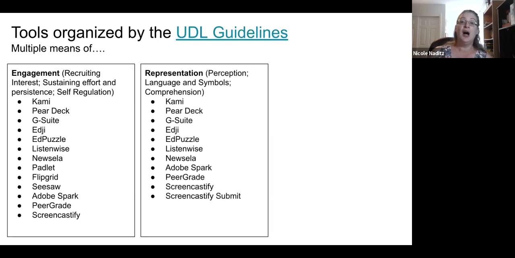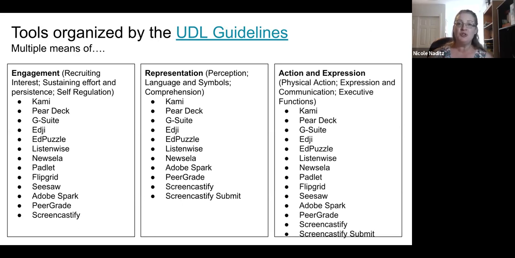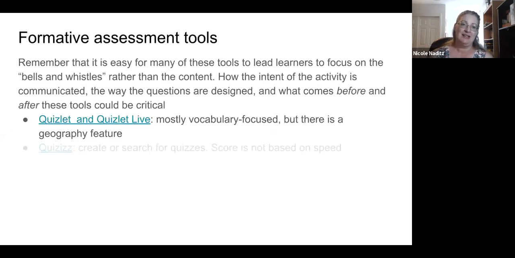And again, there's tons of overlap, right? Depending on the use or the task, Kami could support engagement and/or representation and/or action and expression, right? And that happens for a lot of these tools. So interestingly, the point keeps coming back to: it really depends on how the tools are being organized.